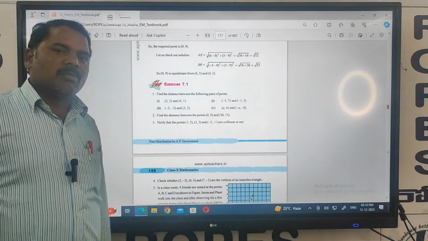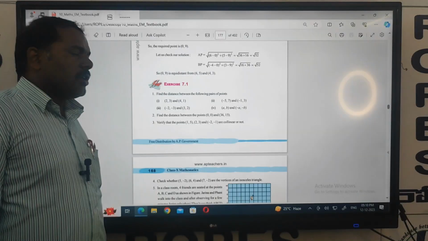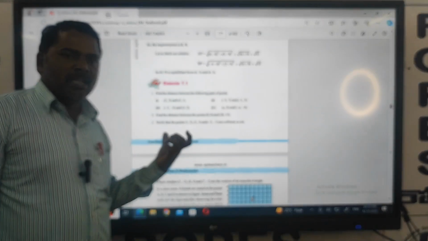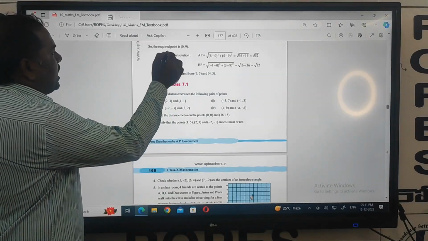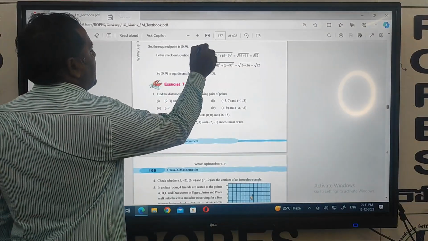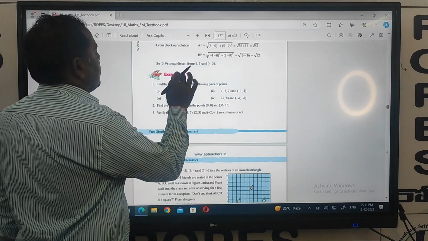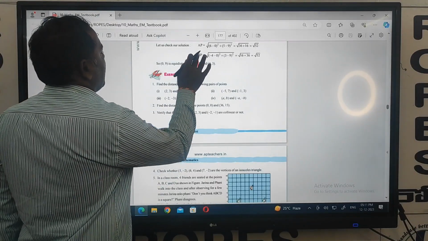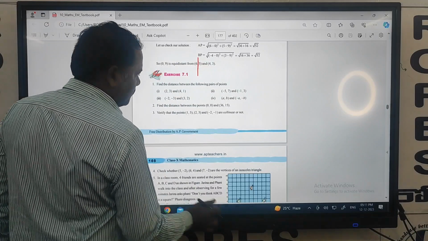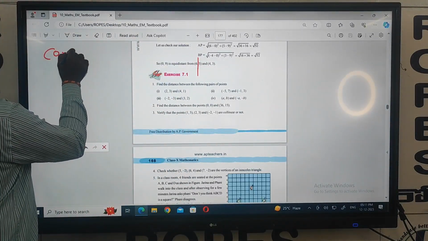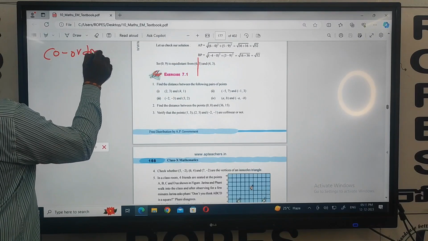Hi everyone, this is Sivkumar from Ropes Organization. Today in 10th class, chapter number 7, coordinate geometry. In coordinate geometry, we will see how to find the distance.